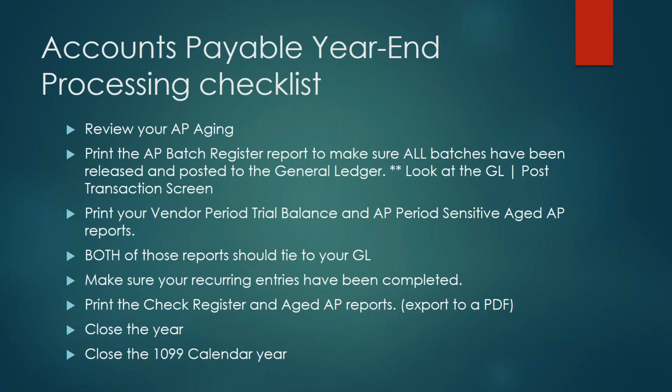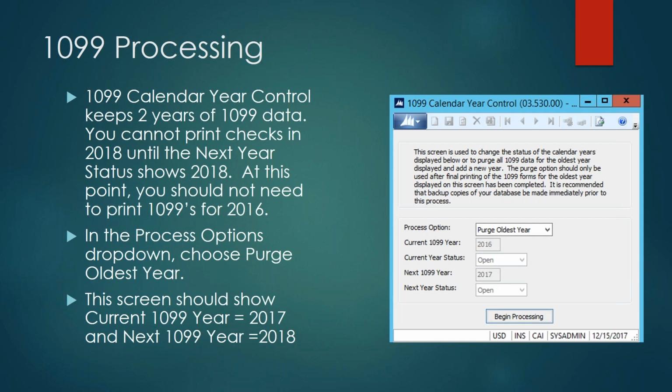You can close the year, and then we're going to close the 1099 calendar year. All right, so there is a screen called the 1099 calendar year control. In this screen, you can keep 2 years of 1099 data. If this is not into 2017 where it says the next year, you cannot print checks in 2018.